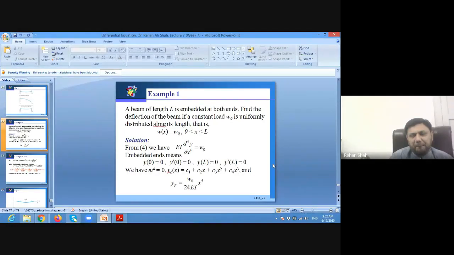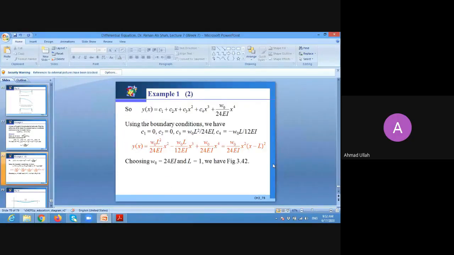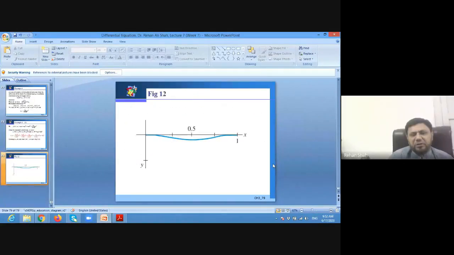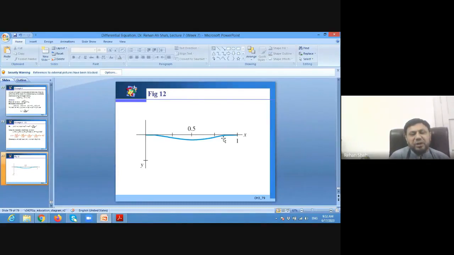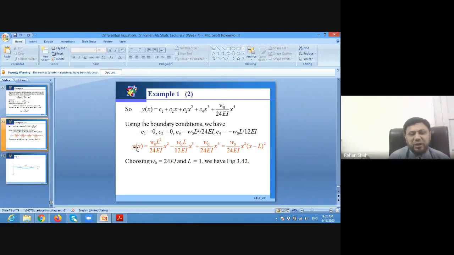So this is the solution. Now this is the graph. You can plot this function, that is y(x), on a graph by putting values. If you put L equal to 1 and W0 over 24EI equal to 1, you will get this graph.